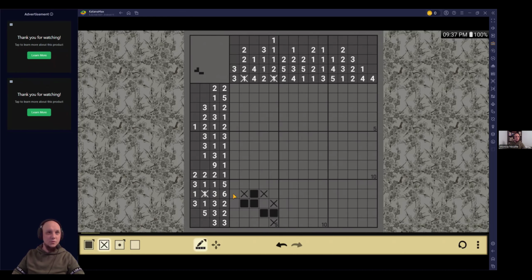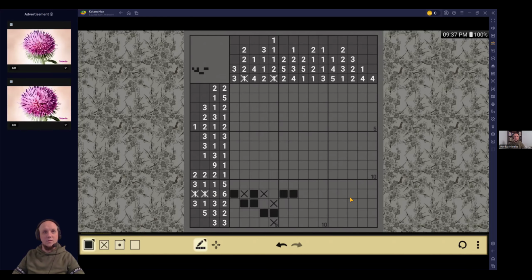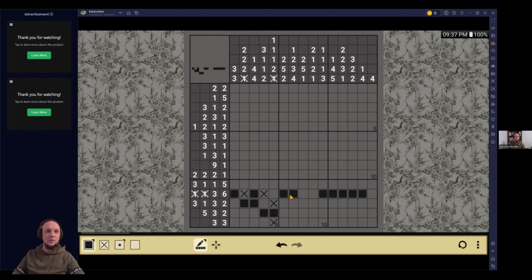That means we can also put the first one here. And since we have one uncertainty, that means the 3 is like this and the 6 is like this. If you move it left or right, you'll always have these marked like this. We just don't know if the 3 is here or here.